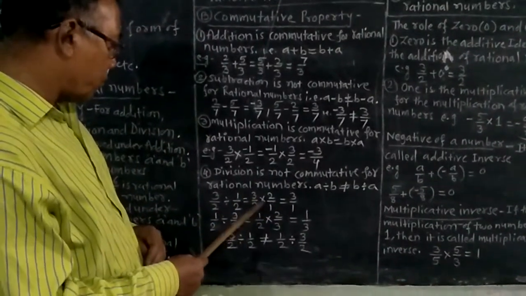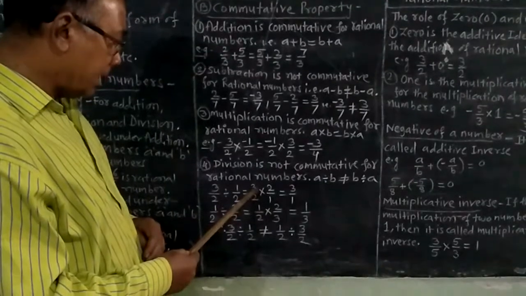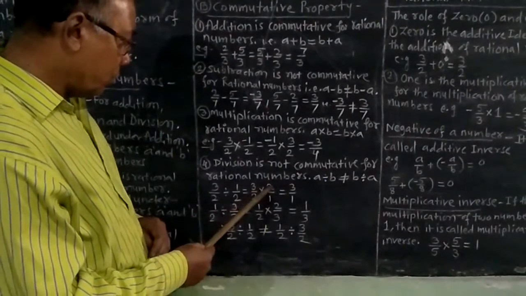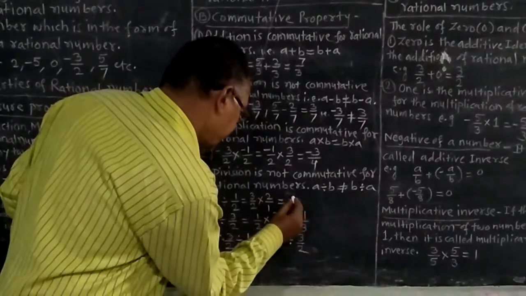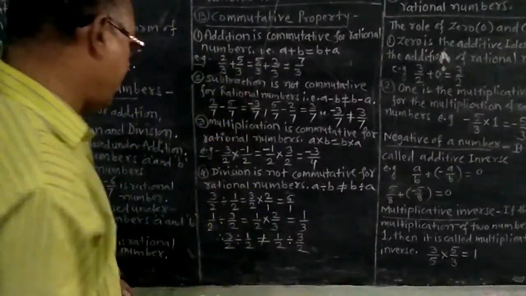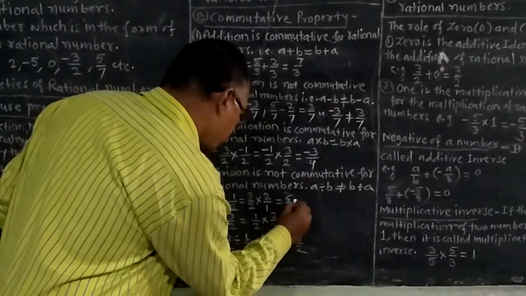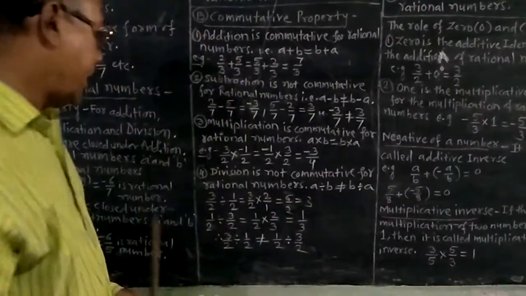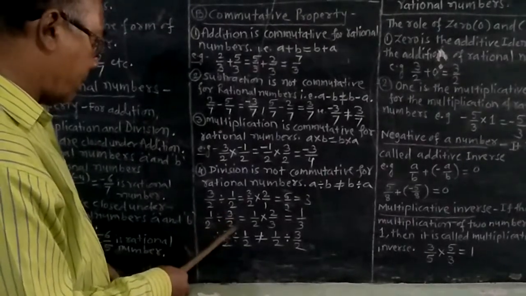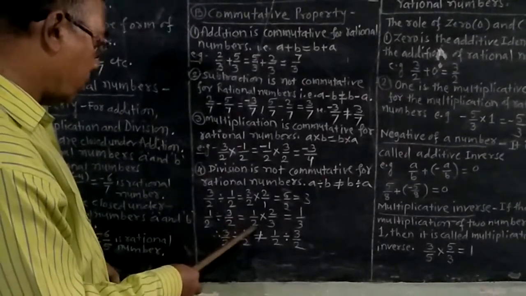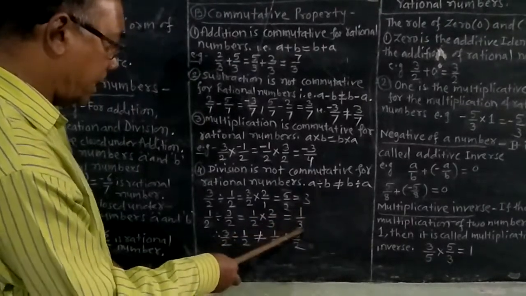So 3 upon 2 into the inverse of 1 half, which is 2 upon 1, and if we multiply, 3 into 2 is 6 and 2 into 1 is 2, so it will be 3. Then 1 upon 2 divided by 3 upon 2 will be 1 upon 2 into 2 upon 3, that will be 1 upon 3.